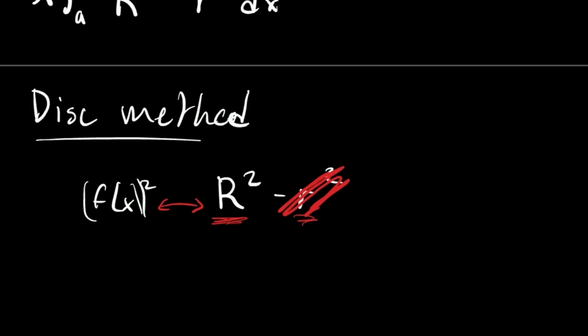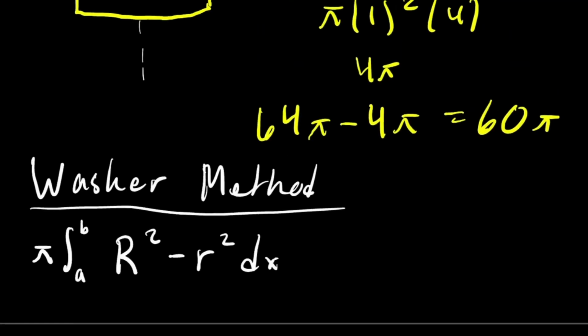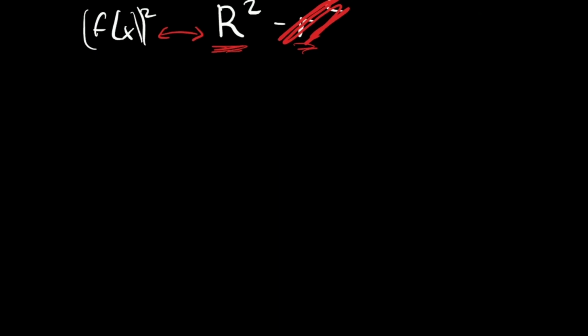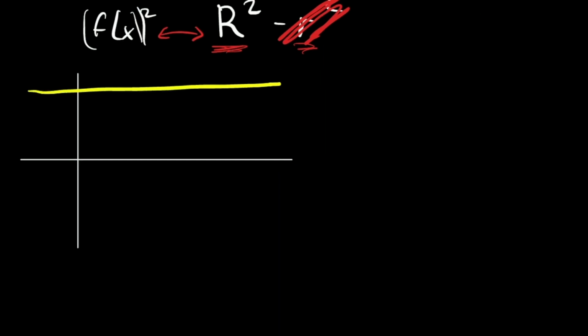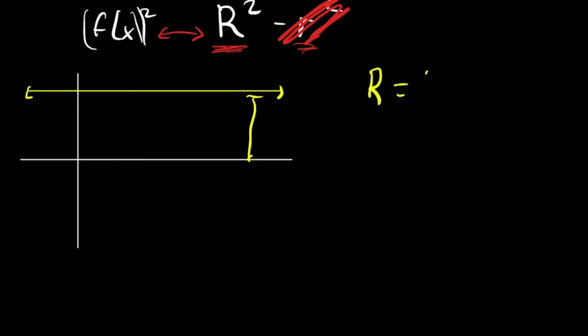So, R squared, I'm just going to write it again. So, we have our graph here, f of x, which equals 4. So we know that f of x equals 4. So we're just going to write right away, big R equals 4.